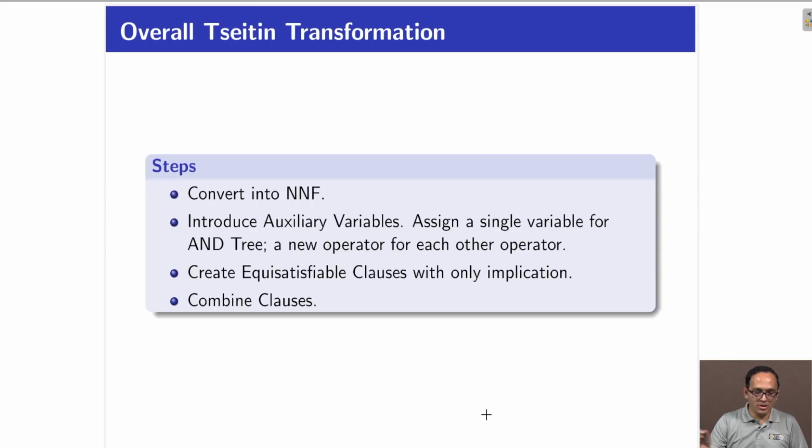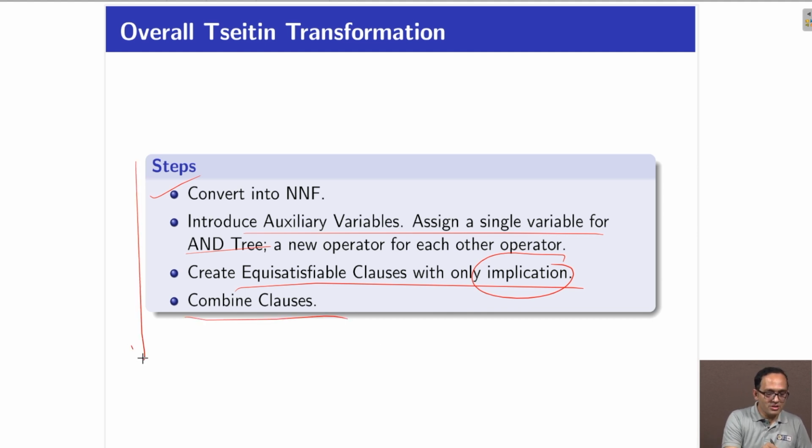So, what we have learned so far is the Tseitin transformation to convert any arbitrary formula into CNF. The steps are: you first convert into NNF, then you identify the entry of each auxiliary tree, and use only one variable for that instead of a normal variable. Then you create the equisatisfiable clauses with implication only, not bi-implication, then you create the CNF formula and combine the clauses.